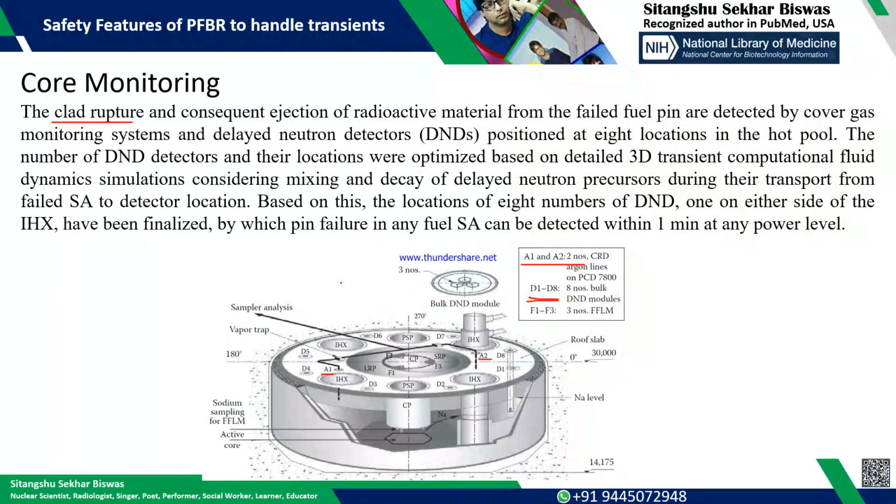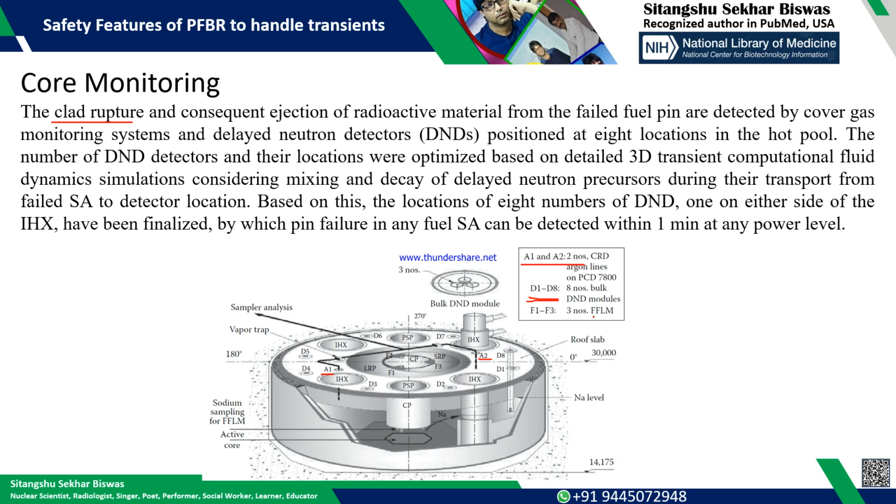Basically, this picture is showing the location of the argon sampling lines to detect clad rupture, and the position of the delayed neutron detector, because that is, I think, the foremost important neutronic sensor. It will be useful to predict the transient situation in the reactor.